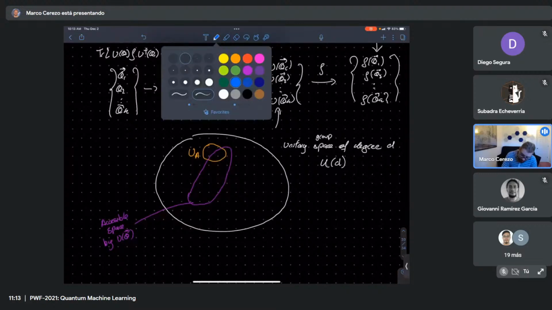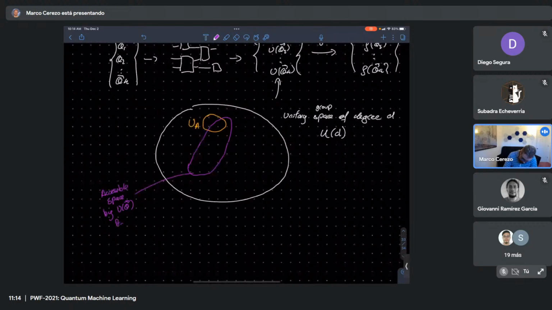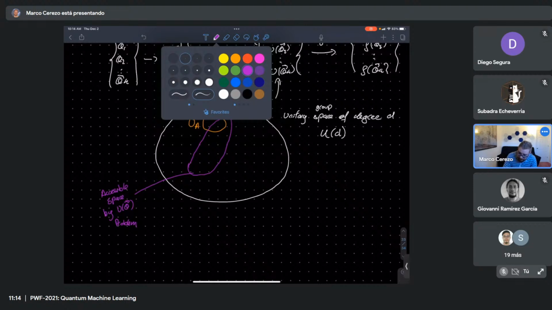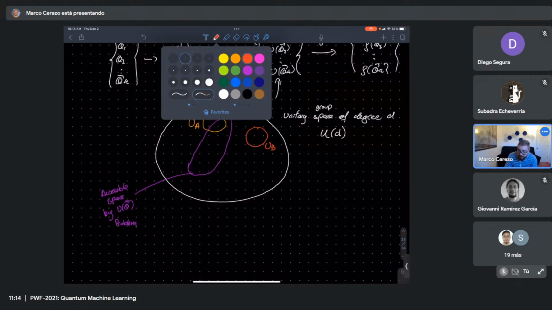So this is the problem-inspired ansatz, and this is the accessible space, maybe, of a problem-inspired ansatz. Of course, what problem-inspired ansatzes do is that maybe I can solve a problem given an ansatz, like the QAOA ansatz with a given problem Hamiltonian. But if I have another task right here, which is maybe UB, the solution for another problem, clearly the problem-inspired ansatz is not going to work for that.